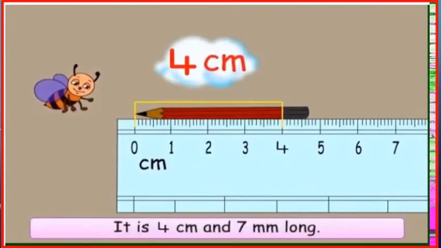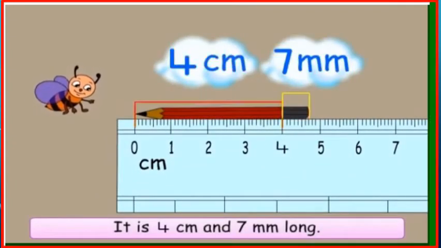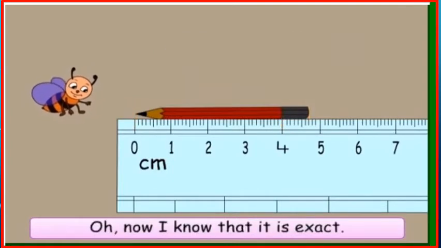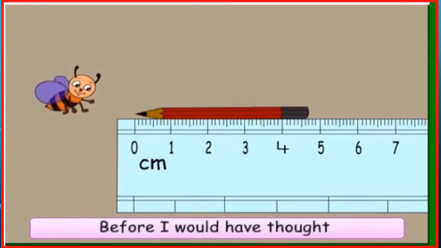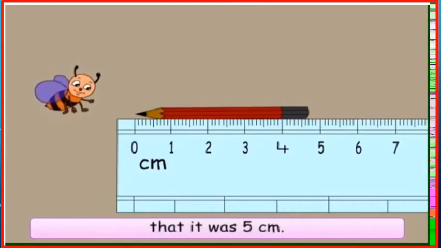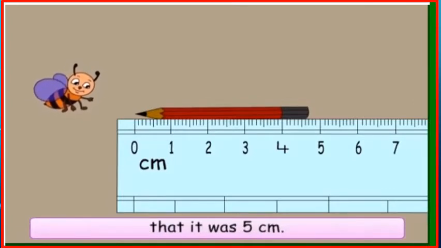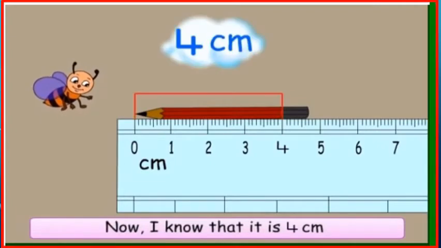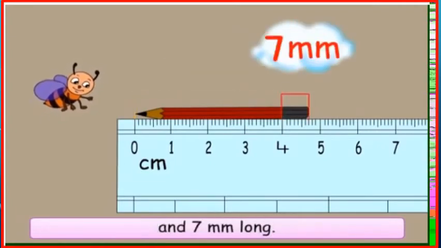It is 4 centimeters and 7 millimeters long. Oh, now I know that it is exact. Before I would have thought that it was 5 centimeters. Now I know that it is 4 centimeters and 7 millimeters long.